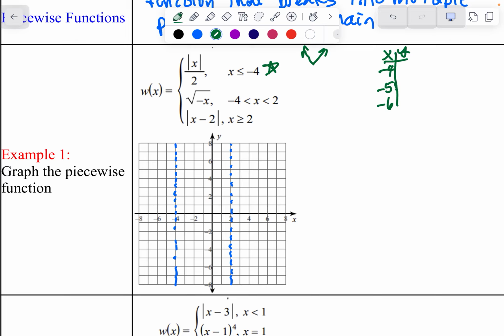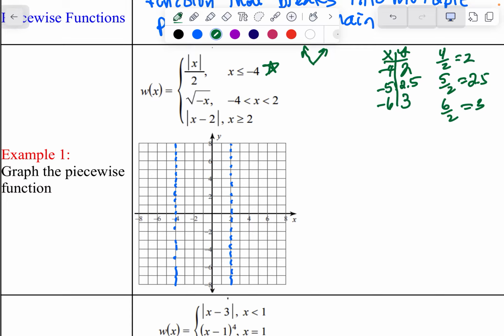So at -4, the absolute value of -4 is 4. 4 divided by 2 is 2, so that's a 2. At -5, the absolute value is 5, divided by 2 is 2.5. Now you can write 5/2, there's nothing wrong with that, but because we're graphing, that decimal value is a little more helpful. The absolute value of -6 is 6, 6 divided by 2 is 3.